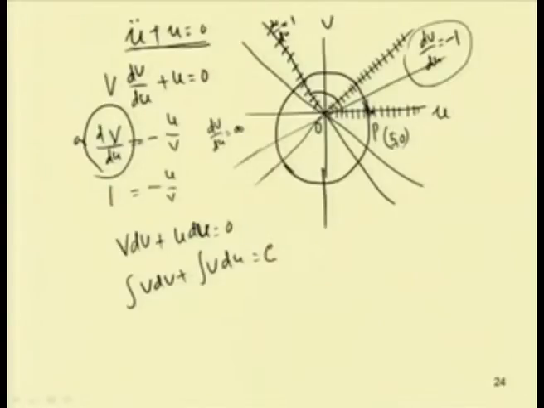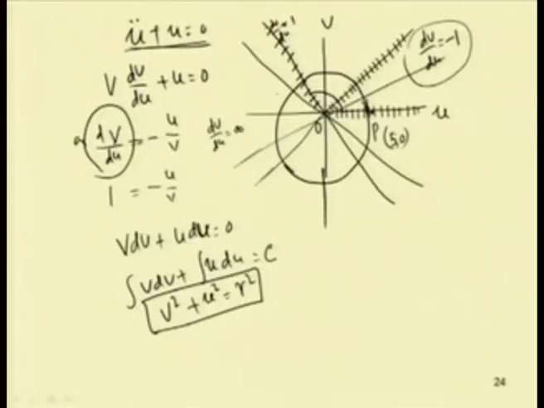Let us write the constant as c. So, this is v square plus u square equal to r square, where r is a constant; in this case r equal to 5. So, by using this method of isocline, one can find the phase portrait of this system.